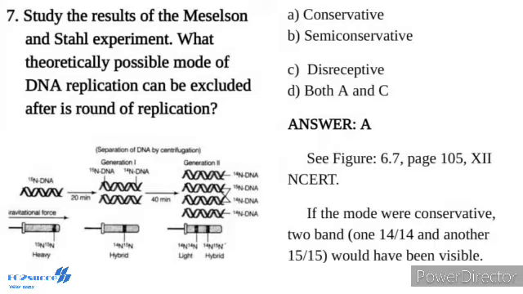DNA extracted from the culture after another generation, that is after 40 minutes, second generation, was composed of equal amounts of hybrid DNA and of light DNA. So the correct answer is option A. If replication were conservative, two bands, one 14 by 14 and another 15 by 15, would have been visible.